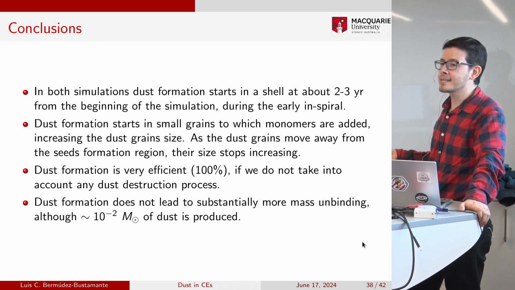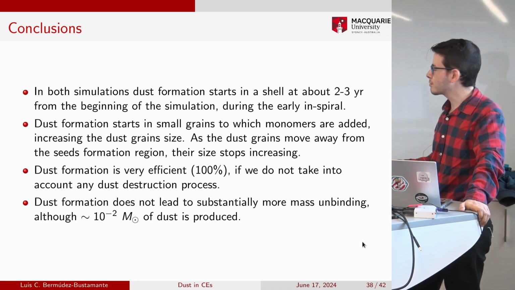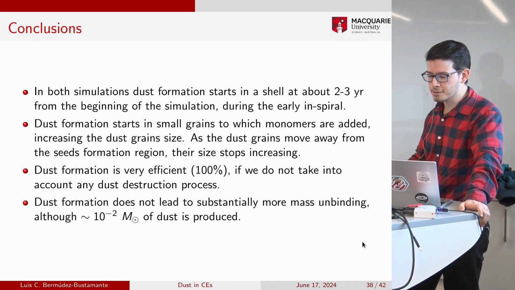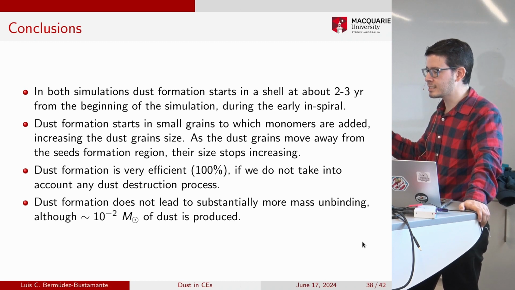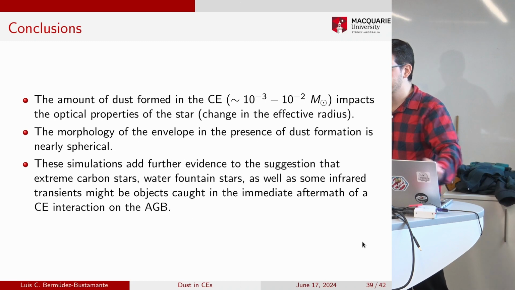And again, in our simulations, dust formation does not lead to substantially more mass unbinding. That's because even if we are forming this amount of dust, the envelope is already unbound when dust forms.